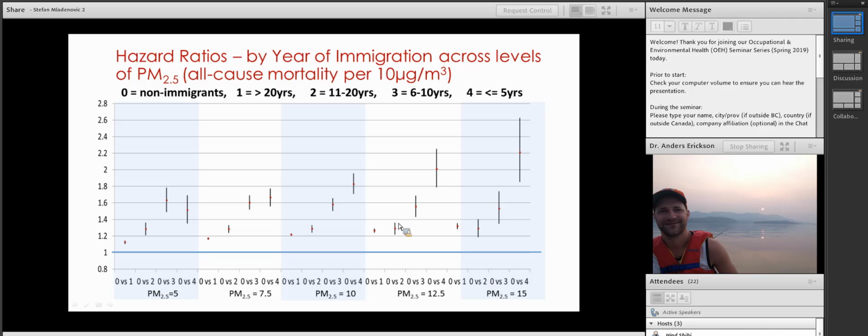The pattern is relatively the same, but then as you get into these higher pollution areas, you start seeing a greater change comparing the more recent group to non-immigrants. So there's something clearly distinctly different about these most recent immigrants, especially those who have immigrated within 5 years, but a little bit also within the first 10 years.